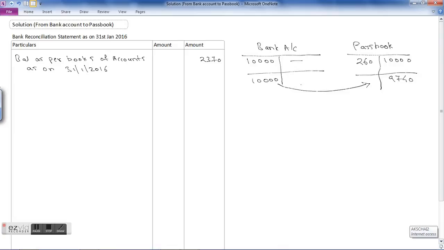So bank account balance is 10,000, as per passbook it's 9,740. So what we have to do is, to go from bank account to passbook, we have to reduce rupees 260, correct? So we'll put it as less: bank charges and other expenses debited by bank but not accounted in books of accounts, correct?